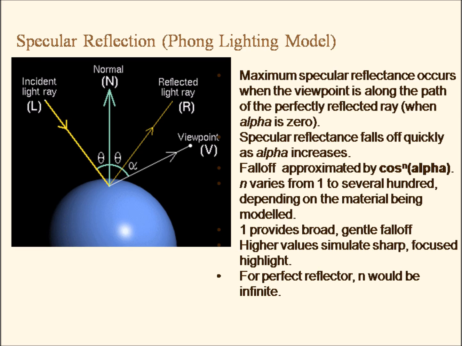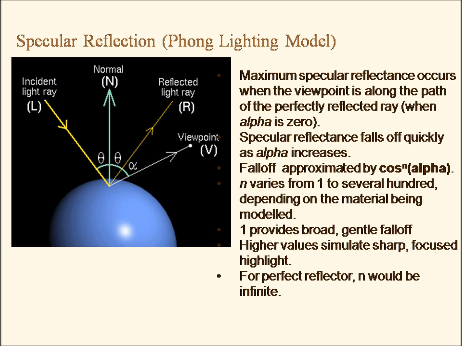For the Phong lighting model based on specular reflection, certain characteristics are mentioned on the slide. We have already discussed the Phong lighting model in detail in our last lecture. However, these characteristics may help make the understanding more appropriate. Number 1.